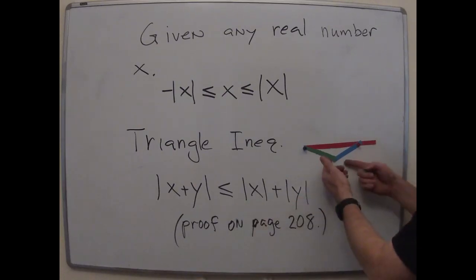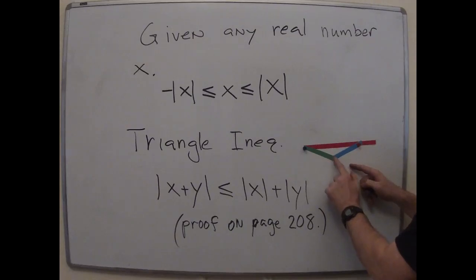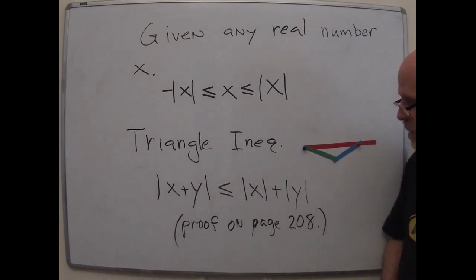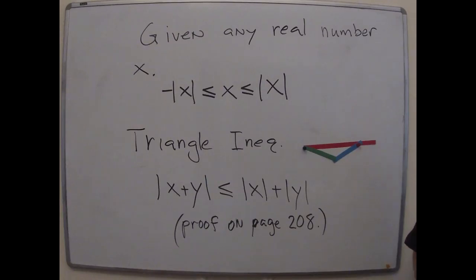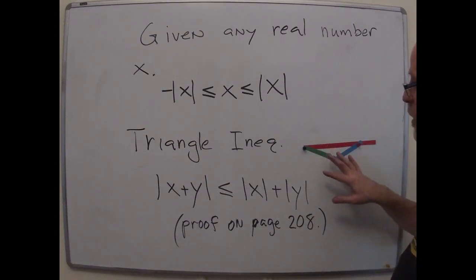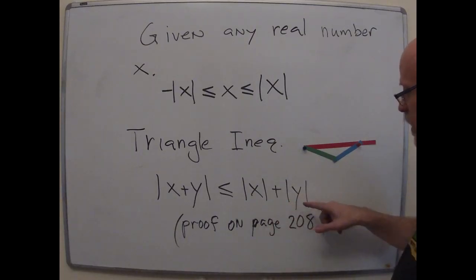If it's equal, the things are degenerate. They lie in a line. If it's unequal, you can form a triangle with these three lengths, x, y, and x plus y. Well, not quite. But that's the reason it's called the triangle inequality. It has to do with whether you could build a triangle having two of those sides being x and y.